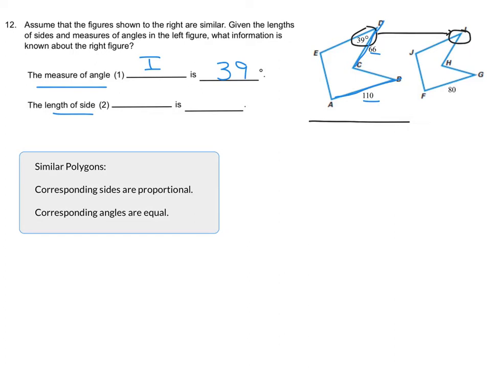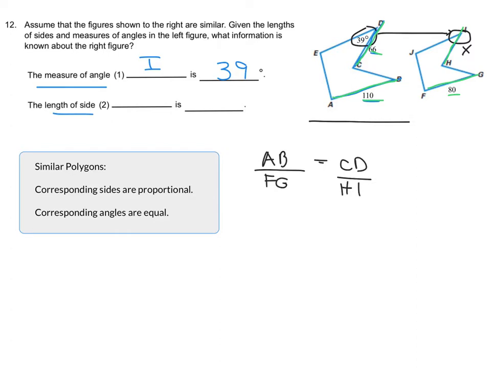That means that AB corresponds with FG, that the ratio of 110 to 80 is proportionate to the ratio of CD, which is 66, to HI, which is a side that we don't know. So we can solve for side HI by setting up a proportion.